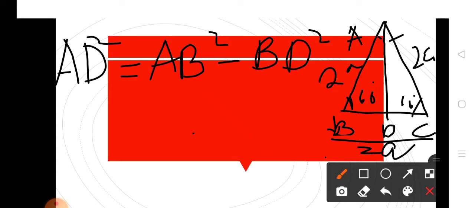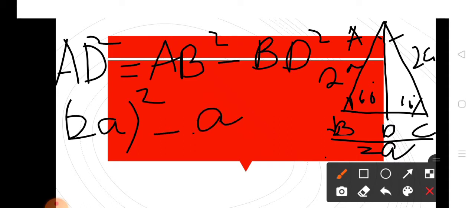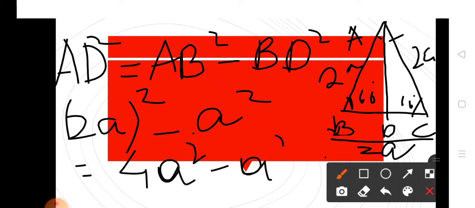Now AB मेरो 2A. 2A को whole square, र BD भनेको A हो, minus A को square. Yes or no? I'm finding AD यहाँनेरि. अब 2A को square भनेको 4A square minus A square के हुन्छ, 3A square. Yes or no?